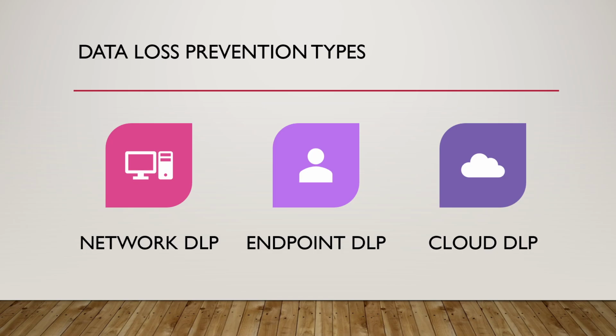If it sees that you're trying to make an unauthorized copy, print, or transfer of sensitive information, this is when the DLP steps into action. And then finally, we've got our cloud DLPs, pretty much doing the same thing, but we're focusing on how data is stored and transmitted in cloud services. As organizations are now really moving to the cloud, DLPs are starting to grow in popularity. These environments just ensure compliance with regulations.